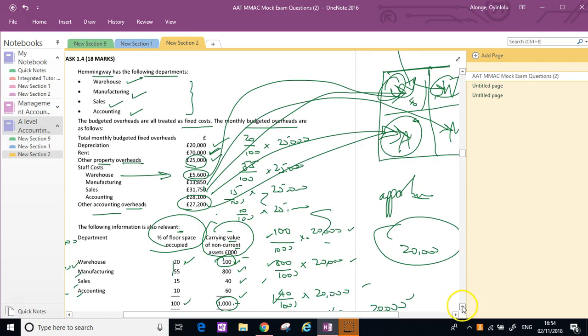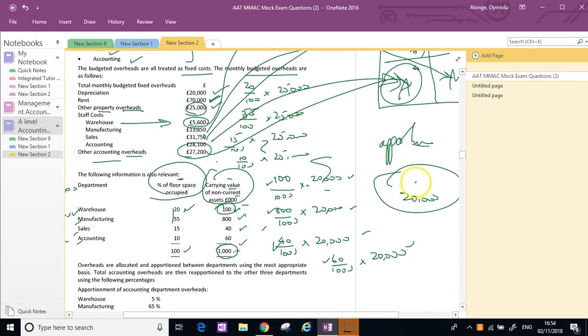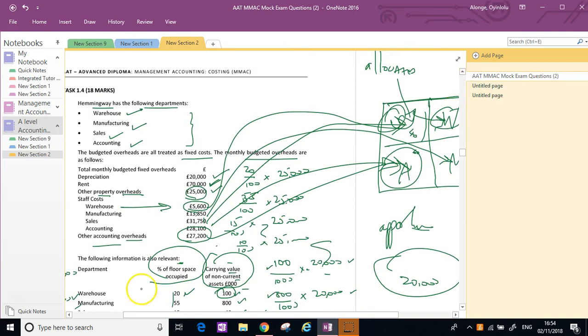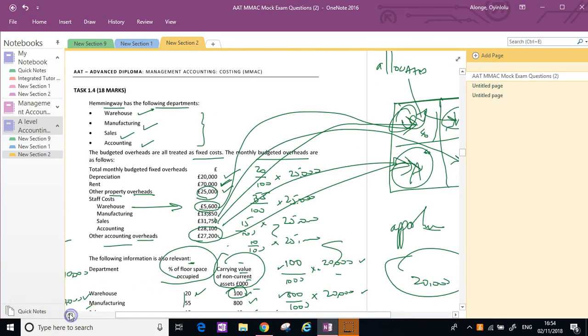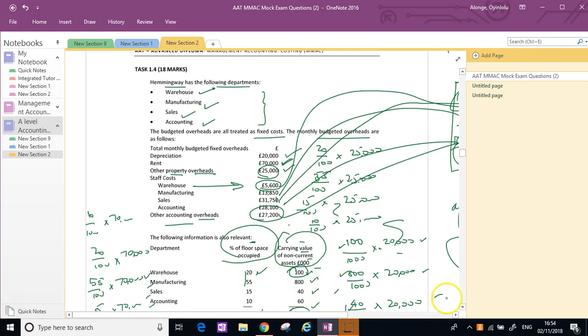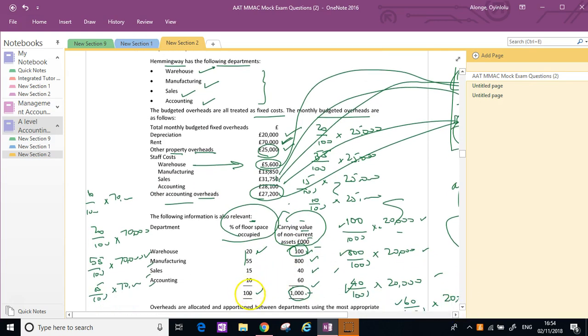Where is this? Oh, here it is, in the corner here. So this is what I did with the rent. Here I have 10 based on floor space, the percentage occupied of floor space.